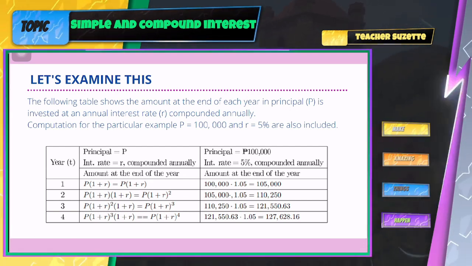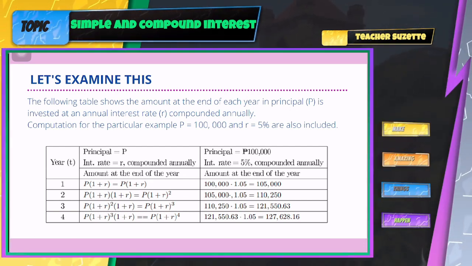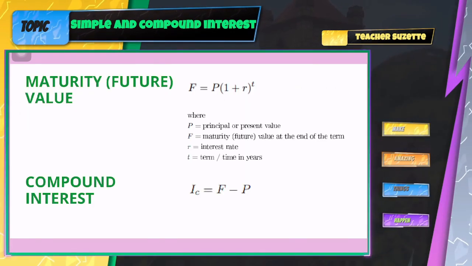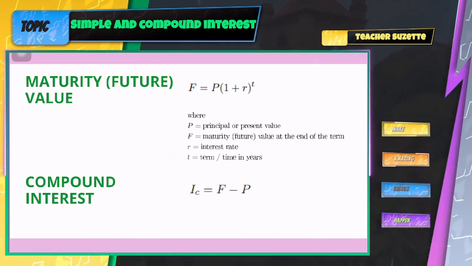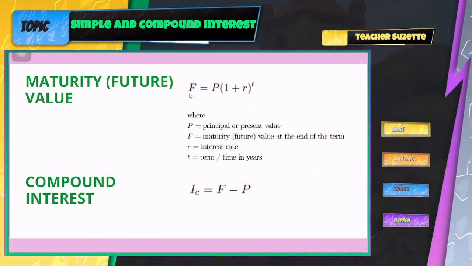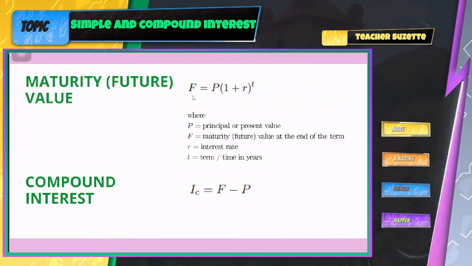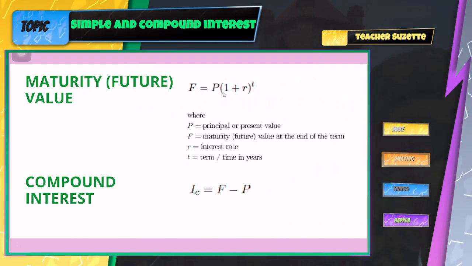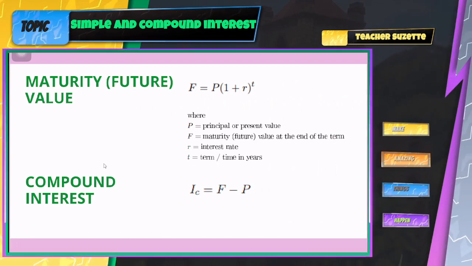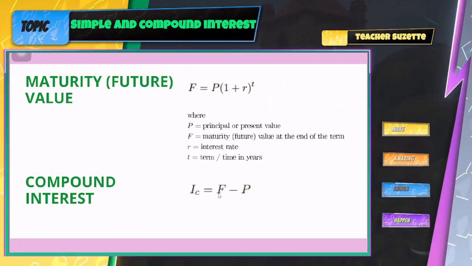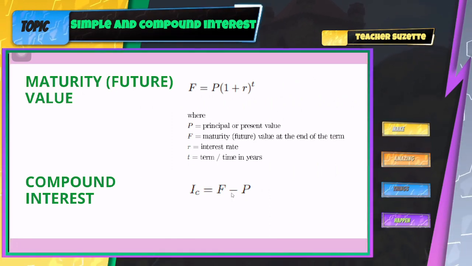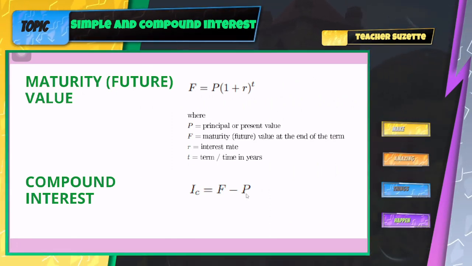This results in the formula for the maturity value in compound interest: F, for maturity or future value, equals P times 1 plus R raised to T. Then we have our compound interest, I, equal to our future value minus our principal amount.